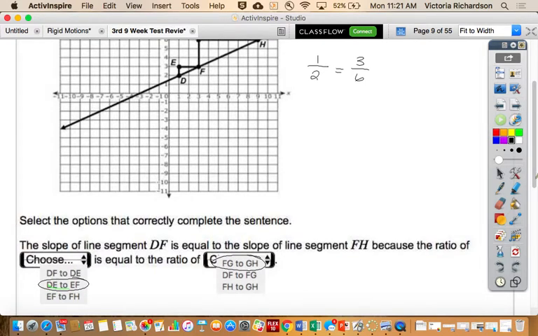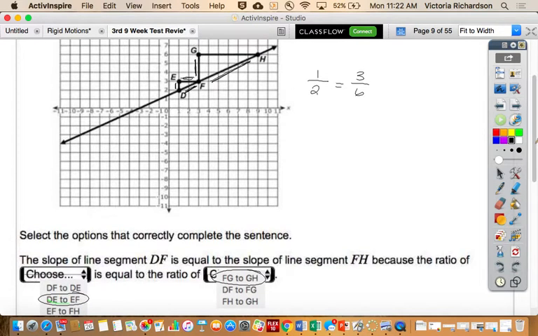The slope of line DF, which is right here, is equal to the slope of line segment FH because the ratio of DE to EF, right here, rise over run, is 1/2, if we count the boxes, the same as the ratio of FG to GH, which is 3/6. 1/2 and 3/6 are the same thing. If you reduce 3/6, you're going to get 1/2. So these are going to be the same because of that.